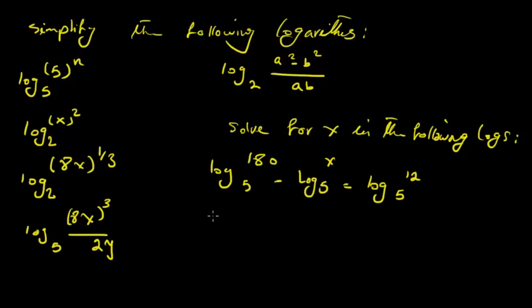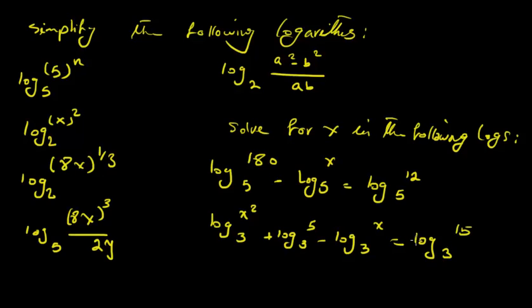So the next one is log base 3 of x to the second power plus log base 3 of 5 minus log base 3 of x equals log base 3 of 50.